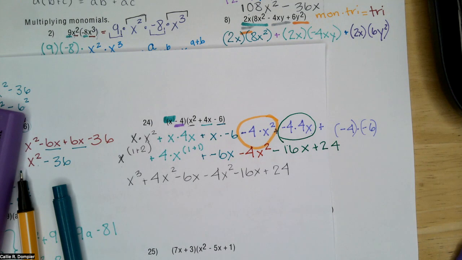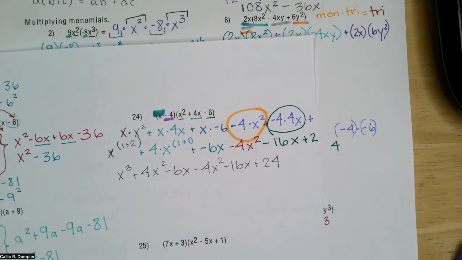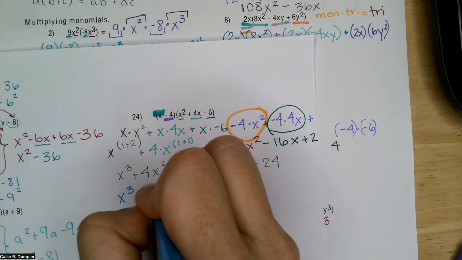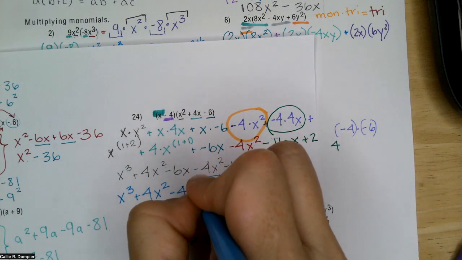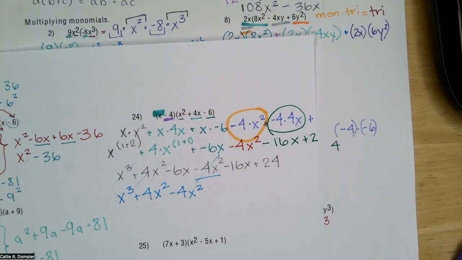Good. All right, let's put these in descending order of powers so that we can combine like terms, okay? So we have x to the 3rd plus 4x squared minus 4x squared. Good?